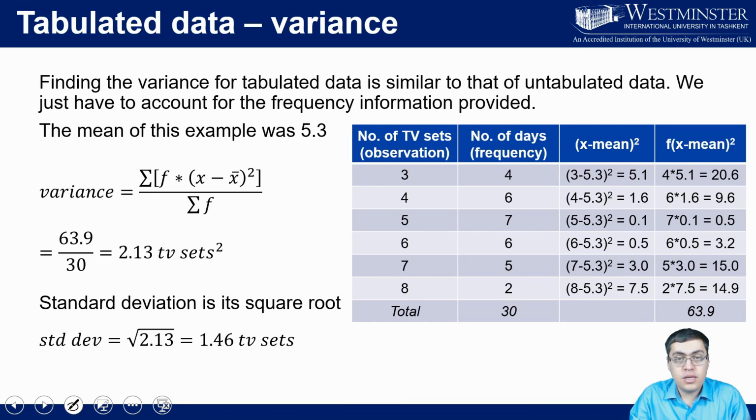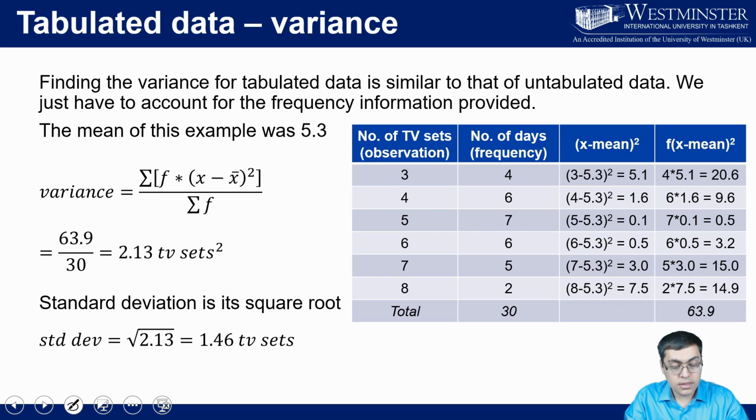Finding the variance for tabulated ungrouped data structures is similar to that of untabulated data. The only difference is that instead of the raw data, we have the frequency information from our observations. So instead of calculating the square deviations individually, we have to take into consideration the number of times a particular observation has occurred.